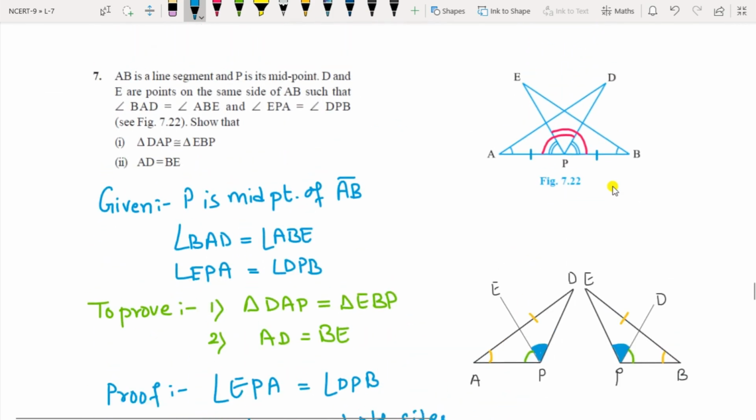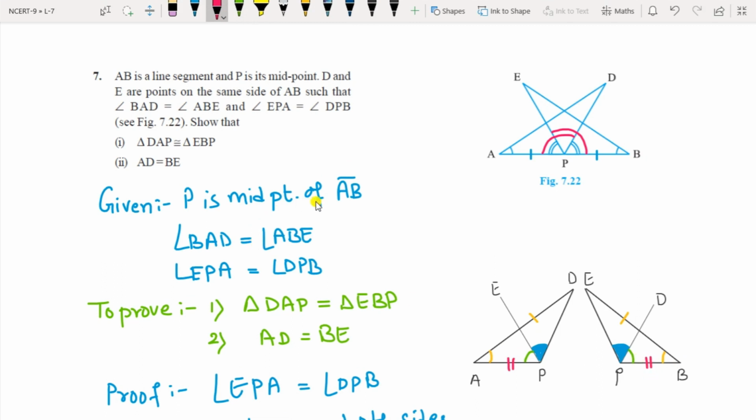Seventh question here. This is a line segment AB where P is the midpoint. So P is the midpoint, that means the lengths are equal, AP will be equal to PB.